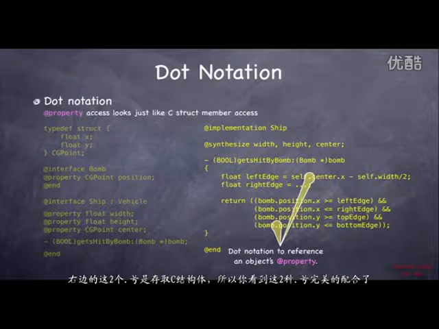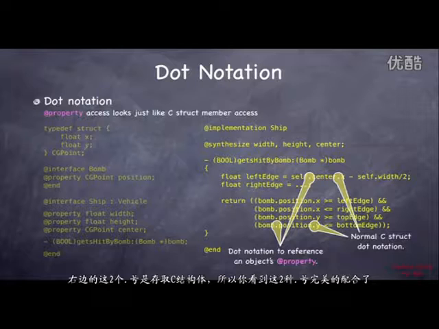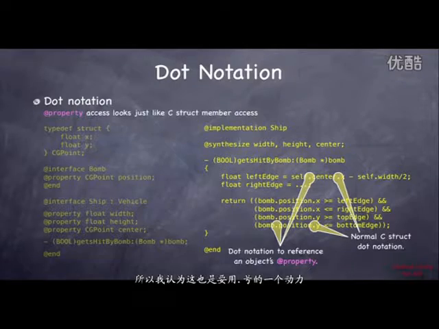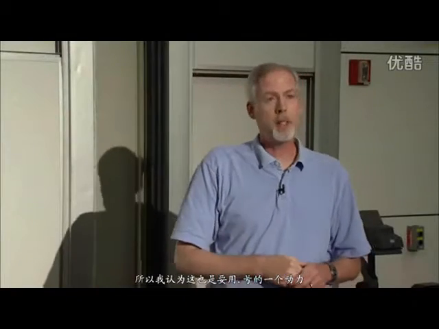And then these other dots over here, that's accessing the C struct. Whether it's the self.center C struct or the bomb.position C struct. So do you see how the dot notation and C structs kind of play nicely together? If I want to know the x position of the bomb, I can say bomb.position.x. All right? So that's part of what I think is the motivation behind making dot notation look this way.